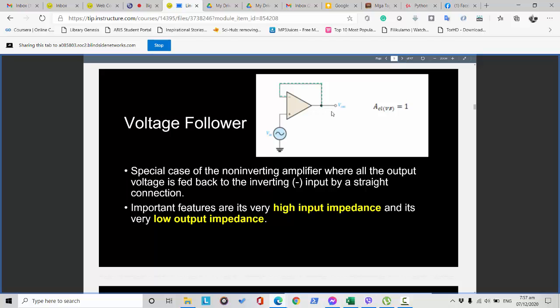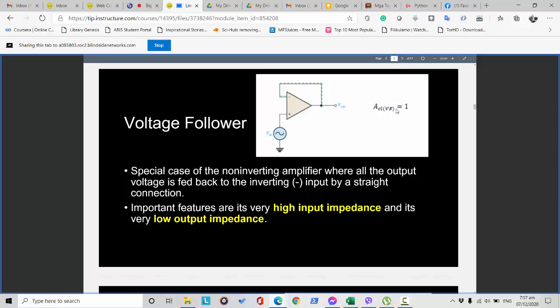The voltage gain of a closed loop voltage follower is equal to 1, similar to a discrete emitter follower.